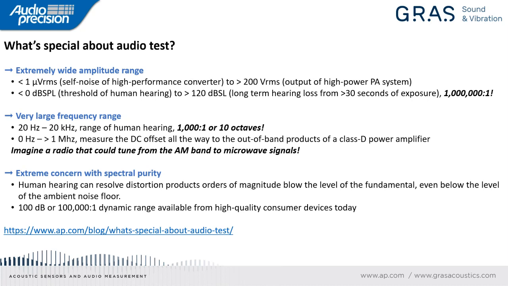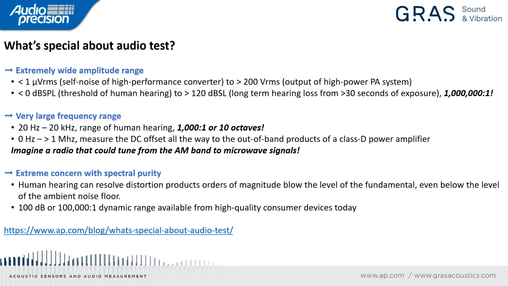At the other end of the spectrum, the kind of power amplifier that will drive the speakers for a stadium rock concert might be outputting 200 volts RMS. It might even be above 200 volts RMS. So compared to the range of voltages that a handheld multimeter might address, we're often talking about a range of 180 or even 200 dB from the smallest signal to the largest signal that we want to measure.